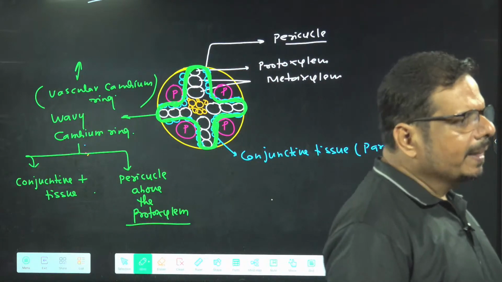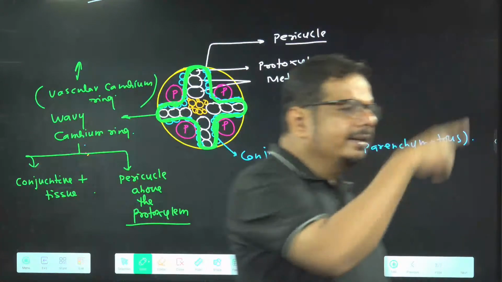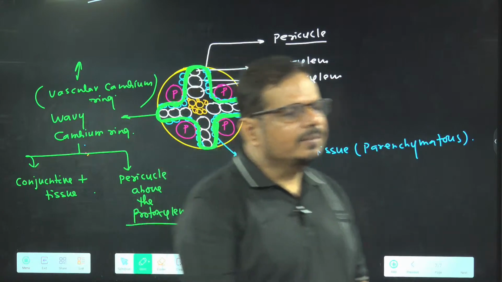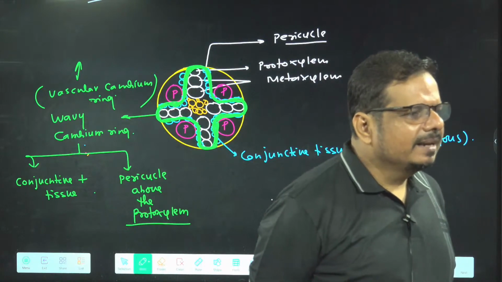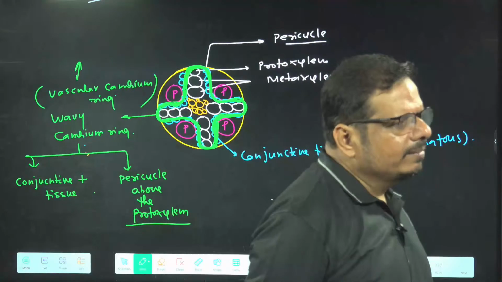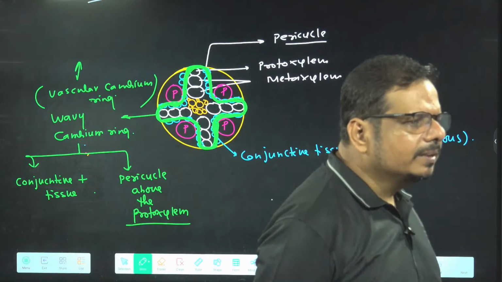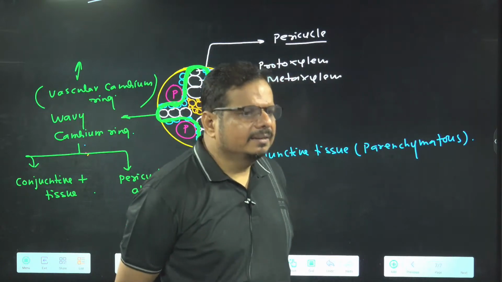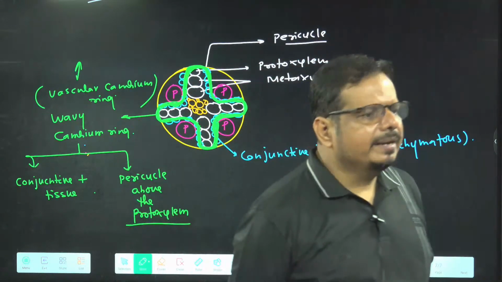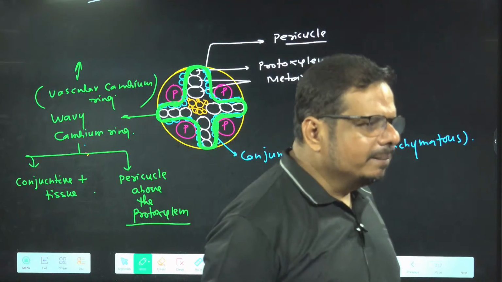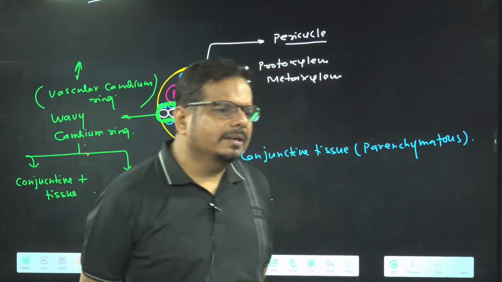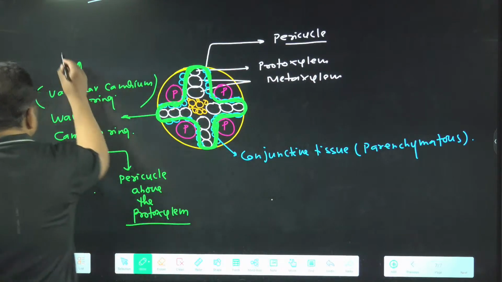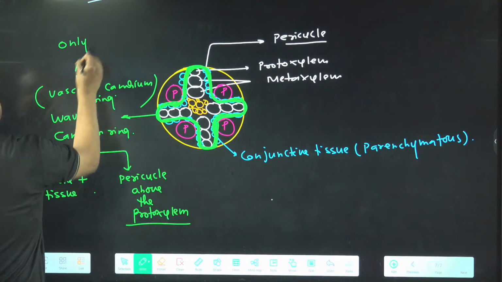One difference: there a circular ring forms, here a wavy cambium ring forms. Another difference: in stem, the vascular cambium ring is made up of both primary and secondary meristem. Here it is made up of only secondary meristem.